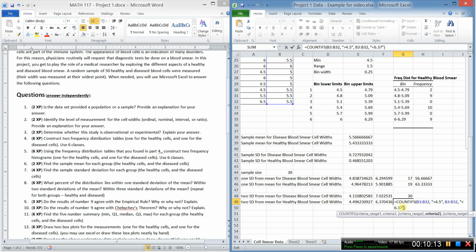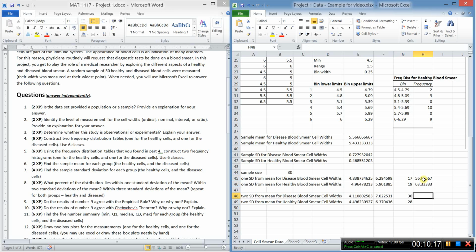Okay, and then we just need to figure out what these numbers are divided by 30 times 100. So you see here 100% is within 2 standard deviations from the mean. Okay, here 93% is within 2 standard deviations from the mean.